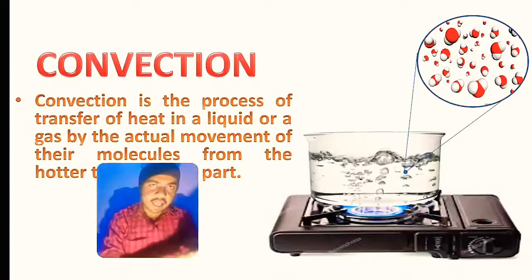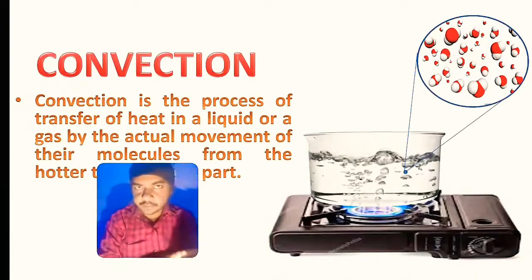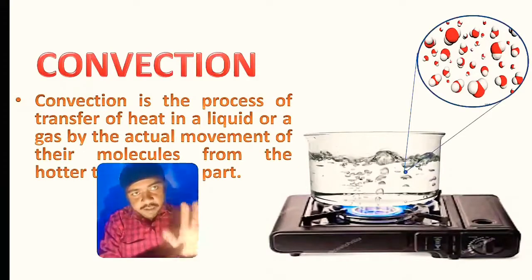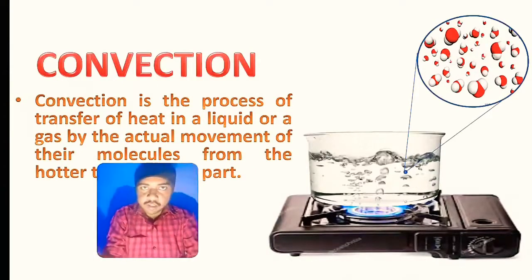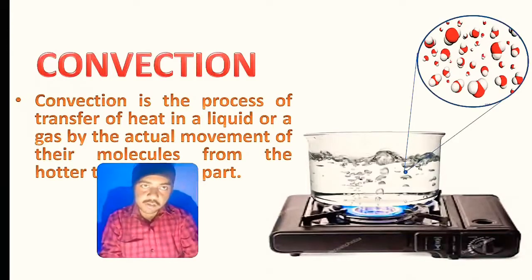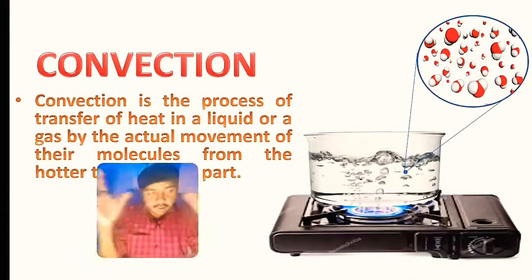The processes of conduction and convection are quite similar. Eventually the heat is transferred with contact. If the whole water pot is not in contact with heat, it will not get heated. Even if the water pot is in contact, if the molecules are not coming in contact with the base of that water pot, it will not get heated. But they are coming in contact, and they are moving. All the molecules are moving to get heated equally.